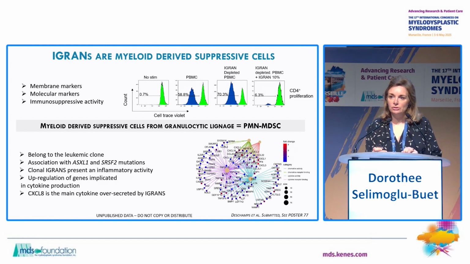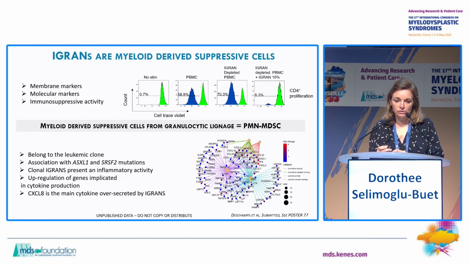Then we wanted to understand why the presence of the I-Gran population in blood can be of poor prognosis for CMML. First, we observed that the membrane markers, the molecular markers, and their functionality in vitro were the same as the ones that characterize the myeloid-derived suppressive cells from granulocytic lineage, or PMN-MDSC.